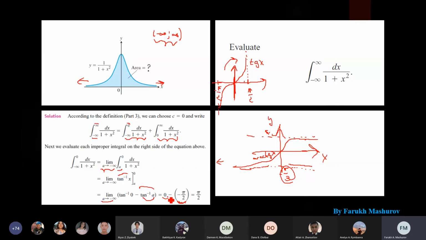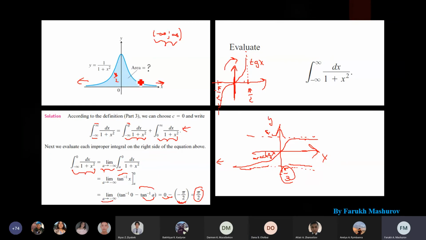And since we have here minus, it will be plus, so the integral of this part is equal to pi over 2. Can you tell me what will be the integral of the second part? It means that the area of the left part, guys, will be equal to pi over 2 when x approaches infinity.